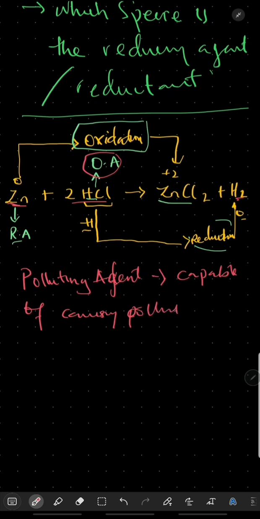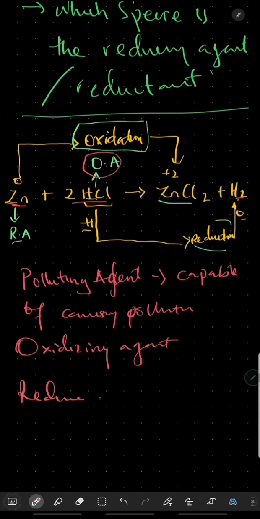Then if a substance is an oxidizing agent, it means anything capable of causing oxidation. Then if something is a reducing agent, it is anything capable of causing reduction. So that's it. Now write this down.